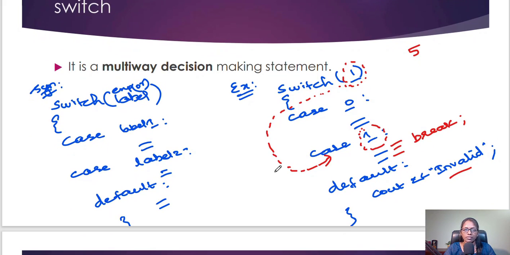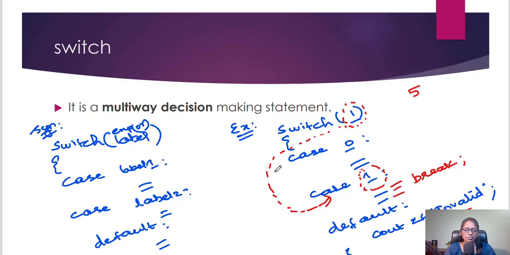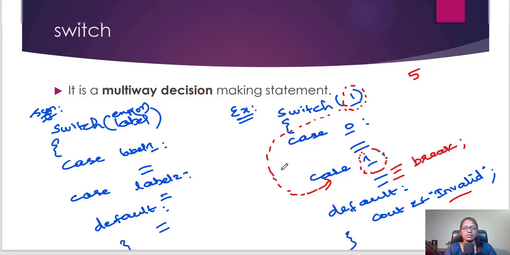There you can give a set of cases, and the expression or value which is matched with the case label, that particular case will be executed. Default is the default block. If no other cases are matched with the expression, then the default block will be executed. And then the break statement is used to come out of the switch statement.